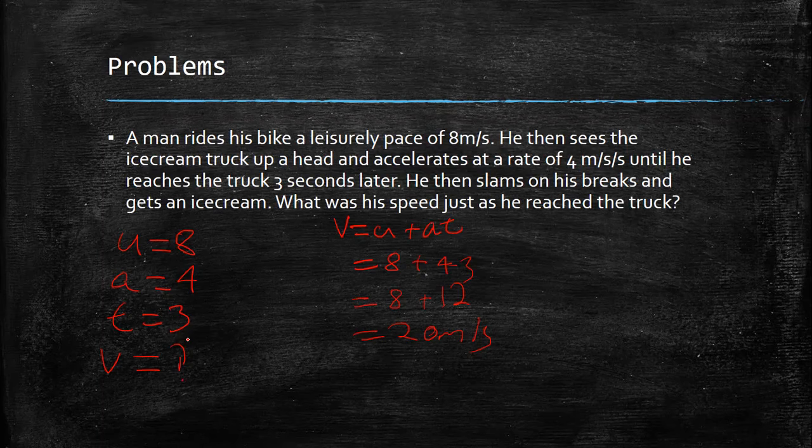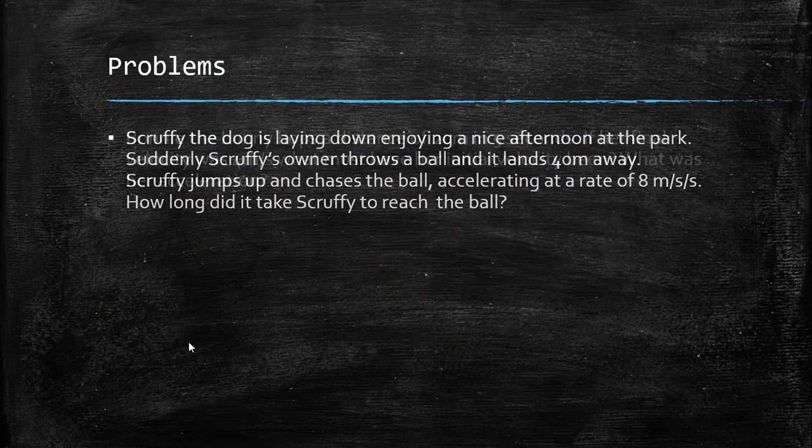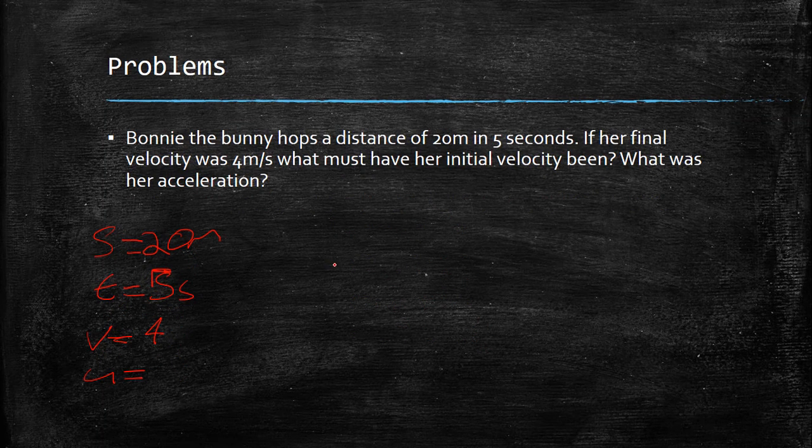Alright, so let's go back to the problem. And we write down that S is equal to V plus U over 2, the average velocity, times T. We know that S is 20, V is 4, times T, which is 5.